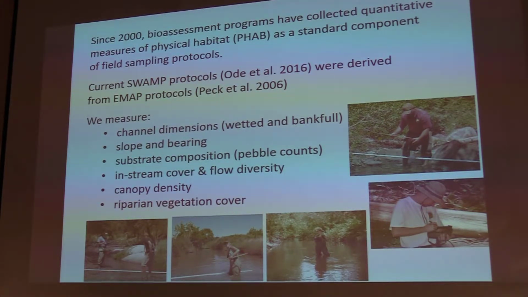And in those protocols, we measure all those things that I just described in the photos: channel dimensions, slope and bearing, substrate composition, etc. We also measure human disturbance in the riparian zone, and from that, we can calculate a riparian disturbance index. But I wanted the PHAB index to reflect response to human disturbance, not to integrate the disturbance itself. So I didn't actually use any of our human disturbance metrics as candidate metrics in IPI development.